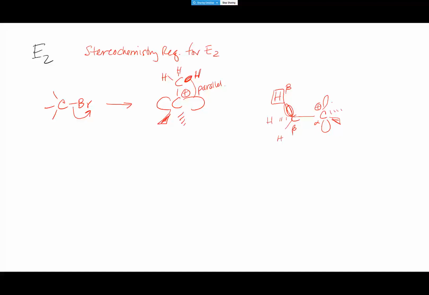So that as the hydrogen gets pulled away, and this is E1, so it's not really pulled away, it's falling away. As it falls away, this sp3 hybrid orbital will become a p orbital, because now I'm going to form my double bond.